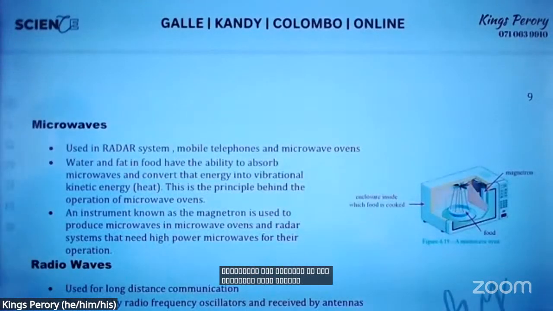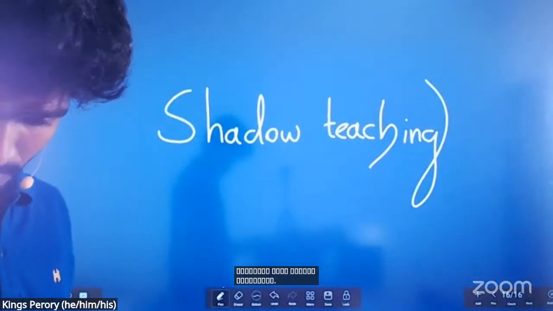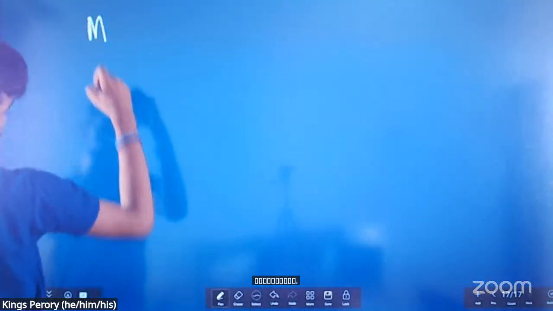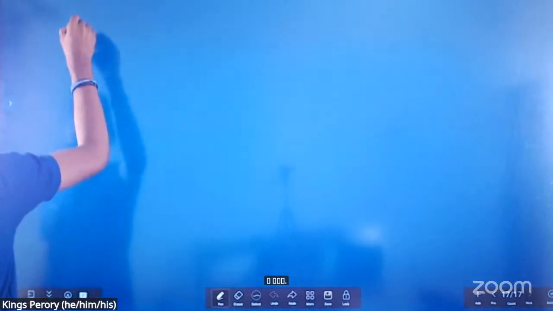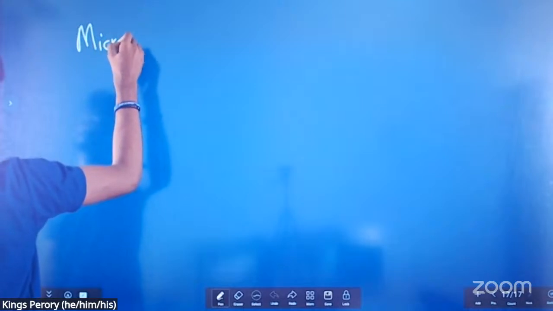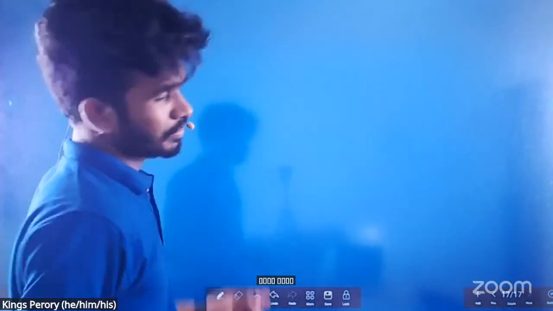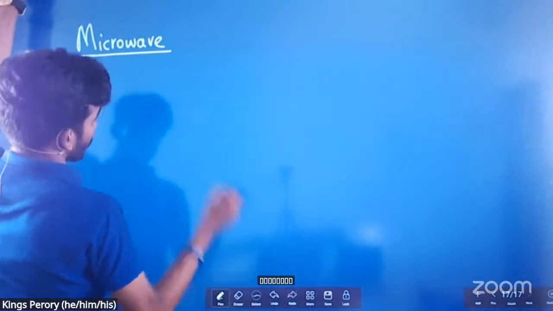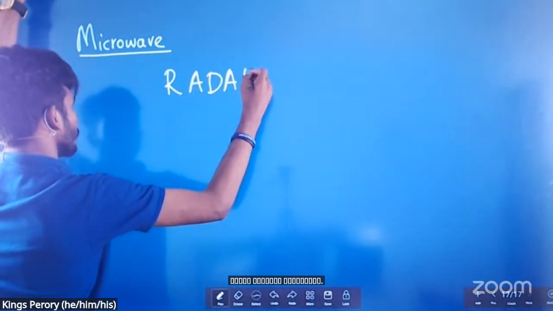After IR, next what? Microwave. What are the uses? Number one, used in radar technology.